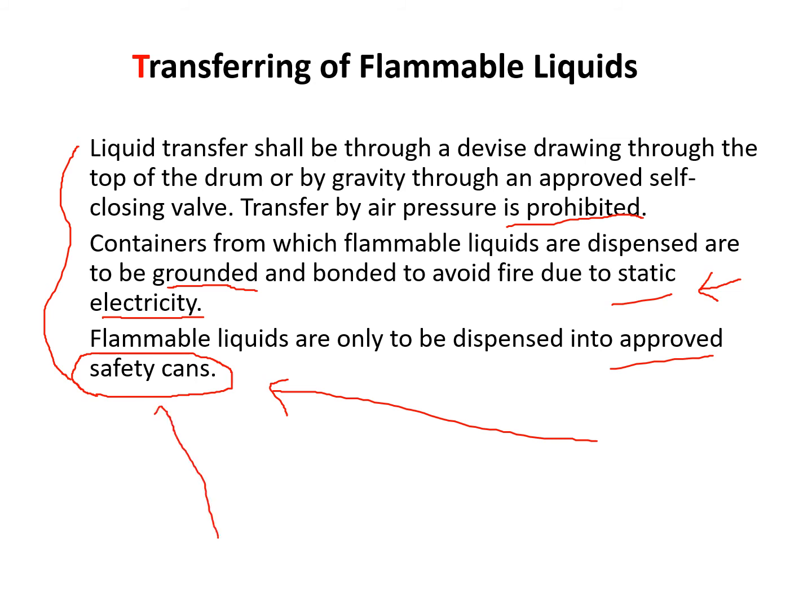I think everybody has experience with gasoline or oils, whenever we change the oil of our car. You see that those are particular cans. Those cans are safety cans. If we need any chemical even in the lab, we can use those kinds of safety cans.